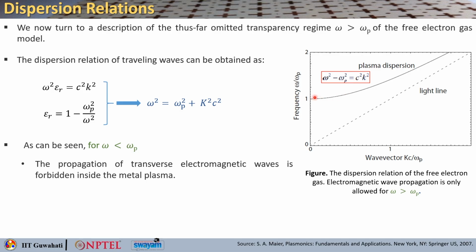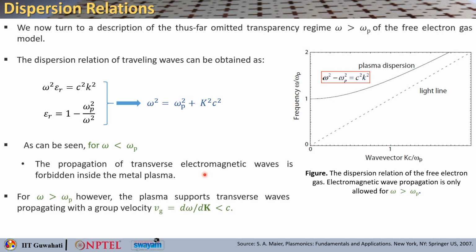You can only propagate when you have omega greater than omega p. So, below this, the propagation of the transverse electromagnetic wave is basically forbidden inside the metal plasma. If you have something more than omega p, that is good.